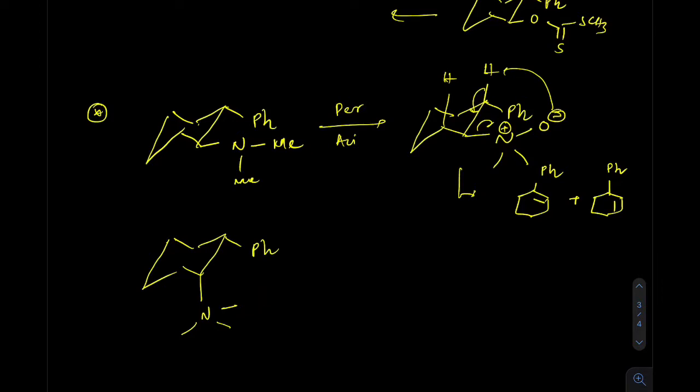If I draw the O minus over there, it will be easier to understand. It also can take the cis hydrogen, and the only option is to take this hydrogen because this one is axial, so it will take the equatorial one, because this axial, equatorial or cis only come to 0 degree, they can only flip via 0 degree angle, as I have proved previously.